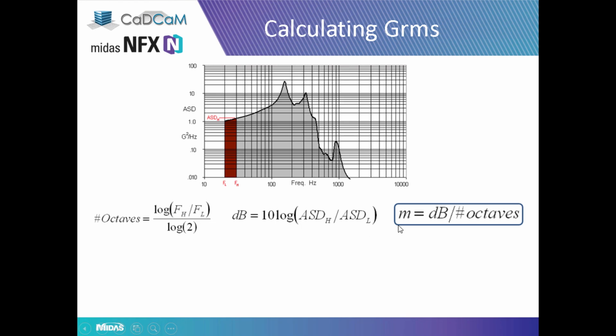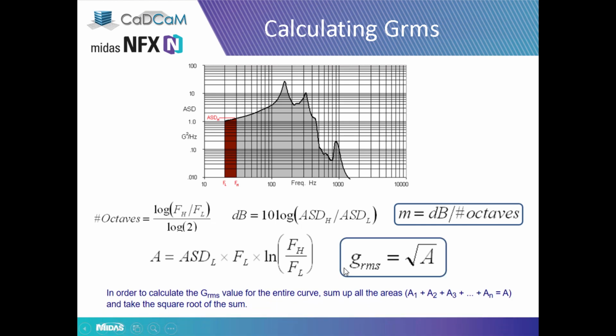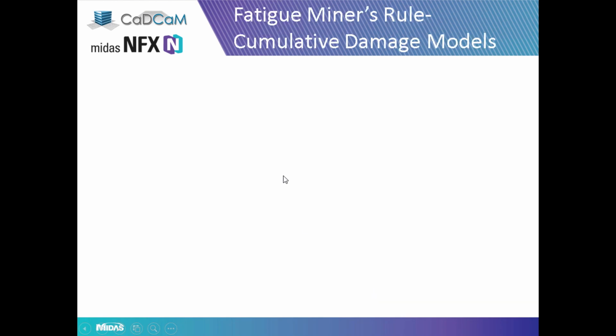Then we have all the parameters in order to calculate the slope of the curve in this area, and then we can calculate the area under the curve, and then take the root mean square in order to calculate the GRMS. Of course we can calculate all the other areas under this curve in order to have the total GRMS.